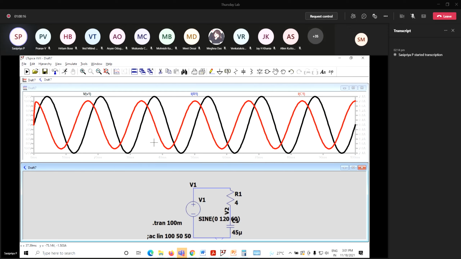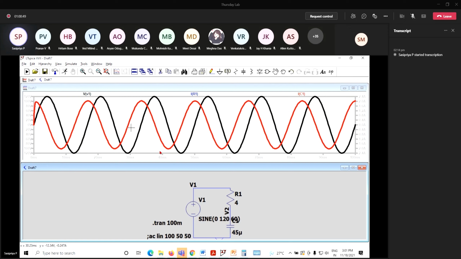When I say 36.8 degree leading, the current leads the voltage. When we say lagging, the current lags the voltage. So here from this graph, it's obvious that your current leads the voltage. So for the phase angle, it's mandatory to mention whether it is leading or lagging.